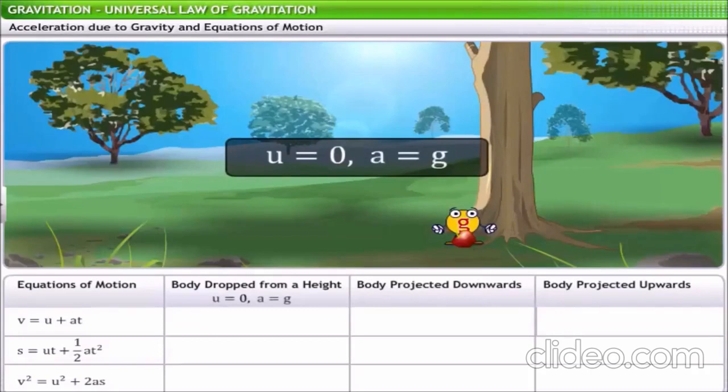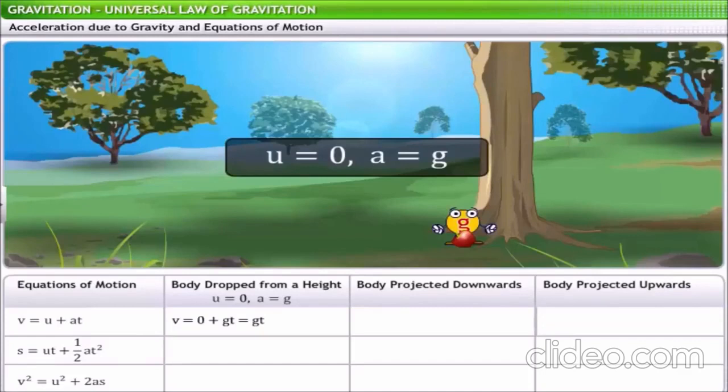This value is positive because the velocity of the body increases as the body descends. Let's consider how the three equations change in this situation. Our first equation is v is equal to gt, where v is the velocity of the dropped body at the end of t seconds.